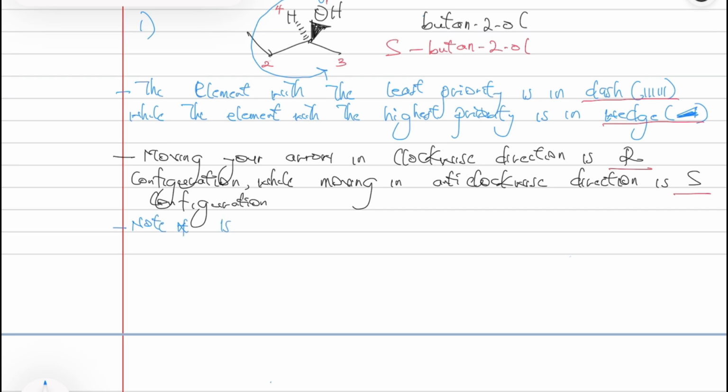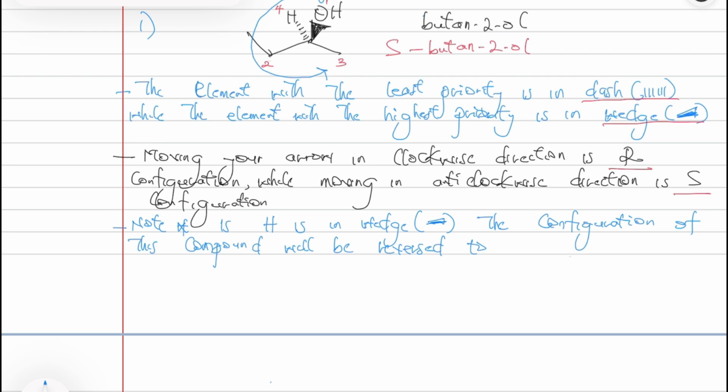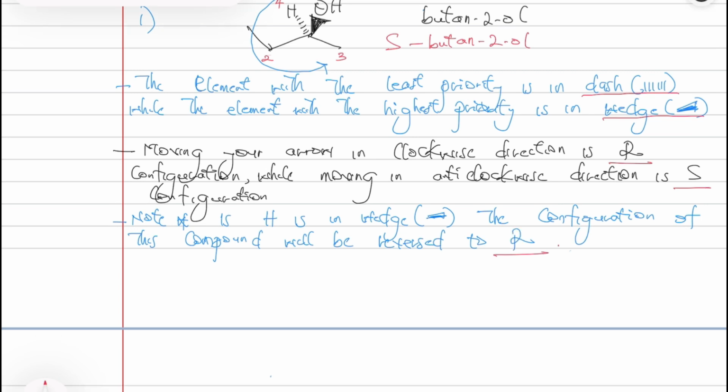Another important piece of information we can derive from this compound is that if the hydrogen, which is the element with the least priority, is in wedge instead of dash, then the configuration of this compound will be reversed to R. This is because you have to rotate the compound through 180 degrees to put the hydrogen from wedge to dash. That is why you have to reverse the configuration if the hydrogen with the least priority is in wedge instead of dash.